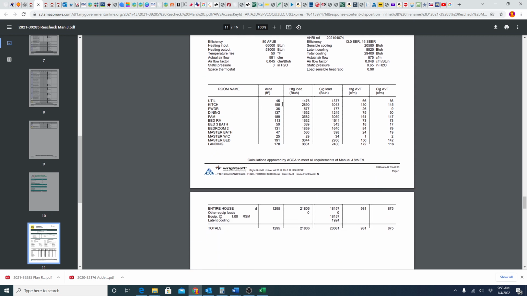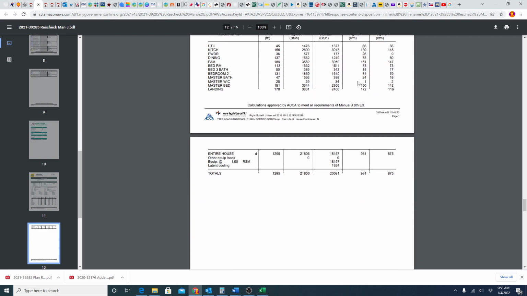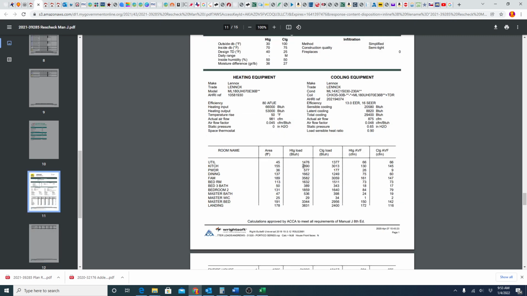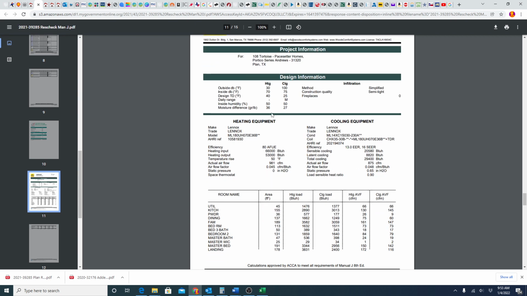And then basically you'll look for your heating, your cooling loads. As a city reviewer, you're not going to understand most of this unless you have an HVAC background. What you're going to focus in on is the square footage, the complete information, the construction type, how many fireplaces there are, because that actually heavily impacts this, and the address, builder, and plan number.